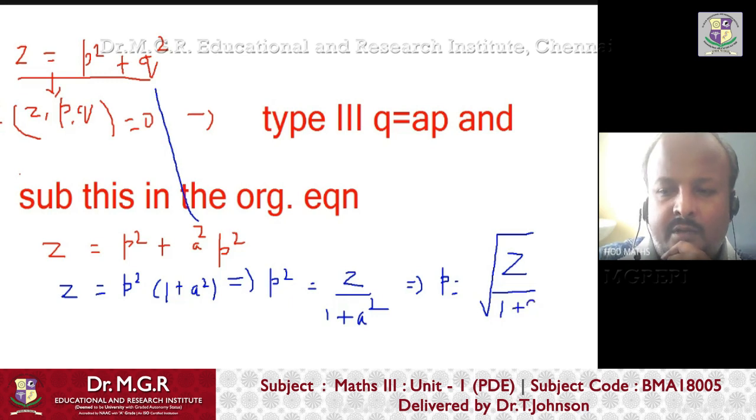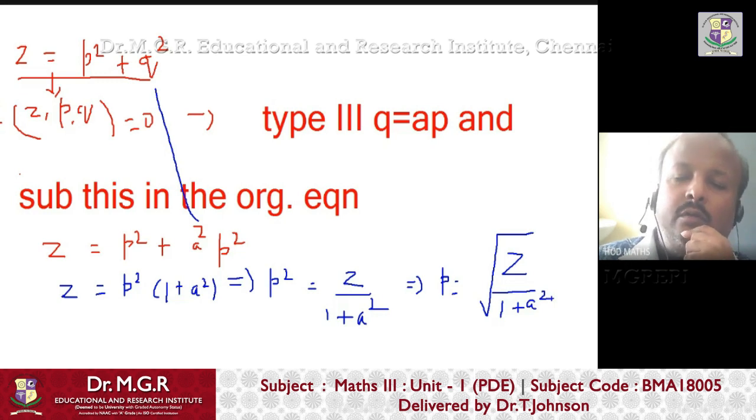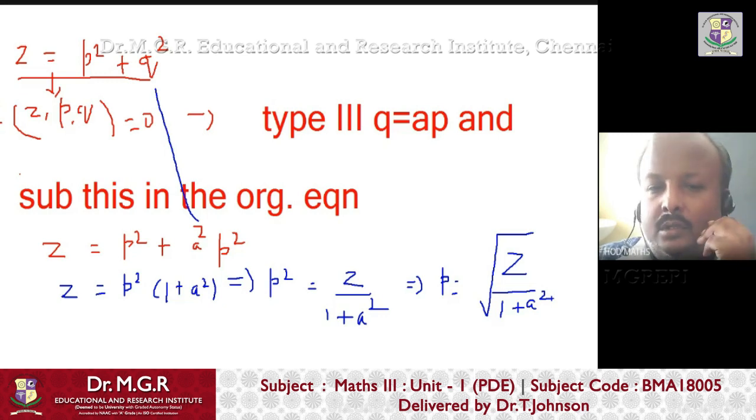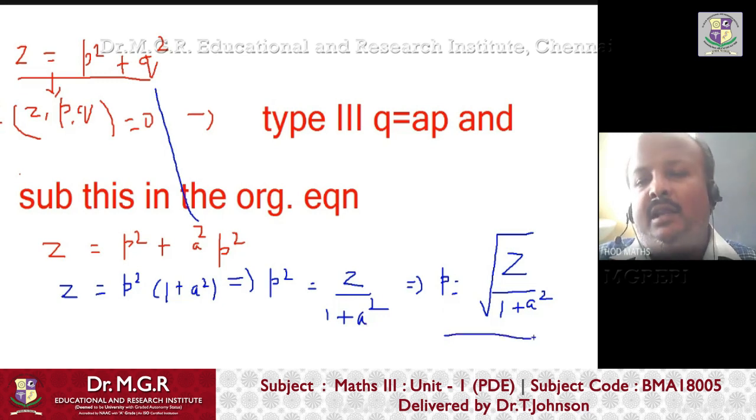So finally what you got? p is equal to square root of z by 1 plus a square. Right? The same thing they put in the book also, but instead of p they write dz by du, but it is better to write like this. Then nicely you get the p value, that is square root of z by 1 plus a square.